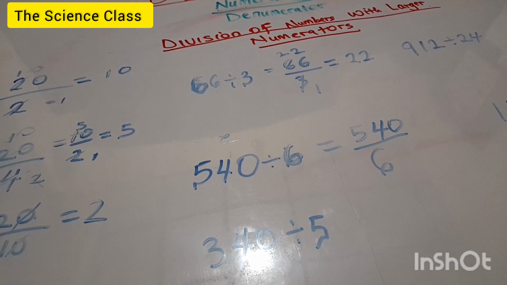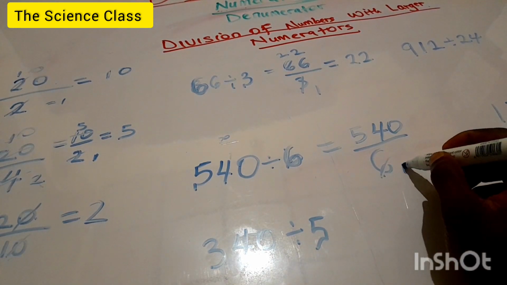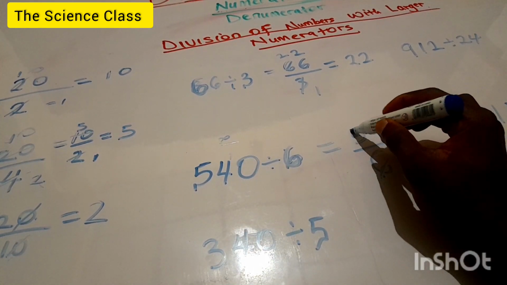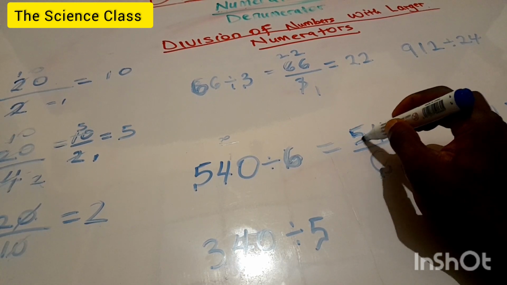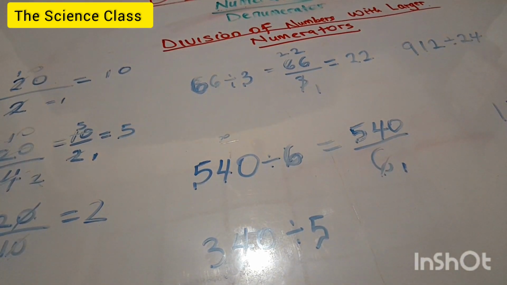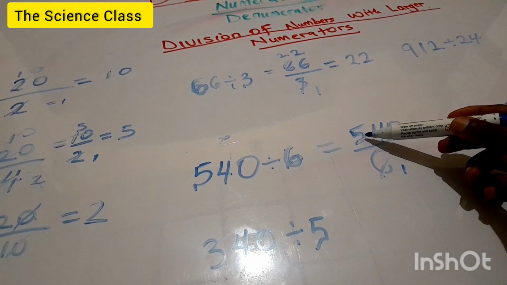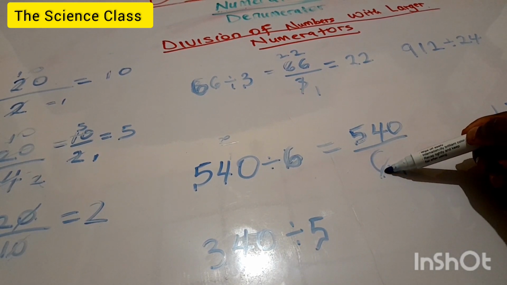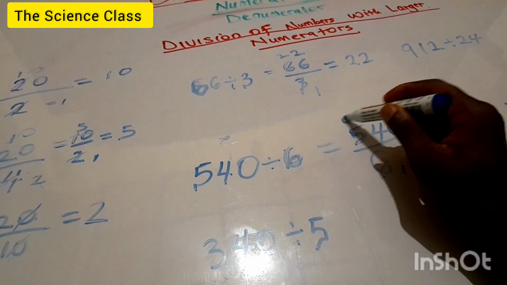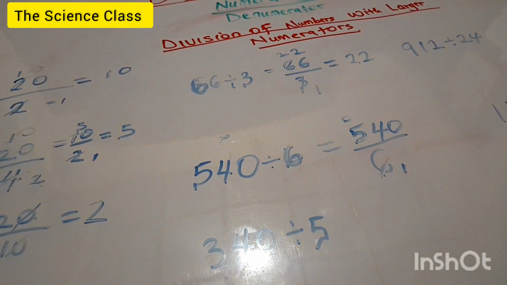But we are going to just divide it straight up. 6 here 1, 6 in 5 is not possible because 5 is actually smaller than 6. So you have 0 because 5 is smaller than 6.